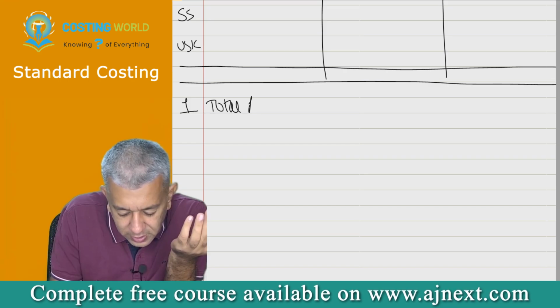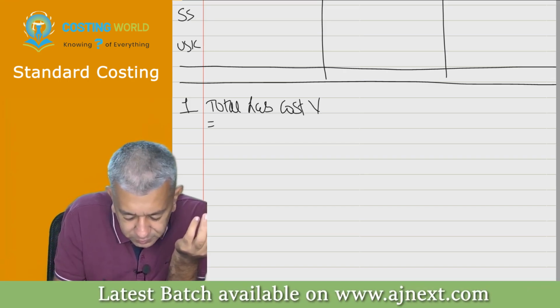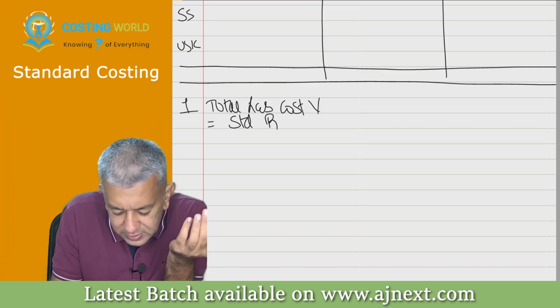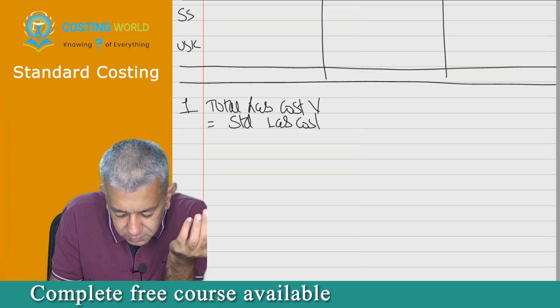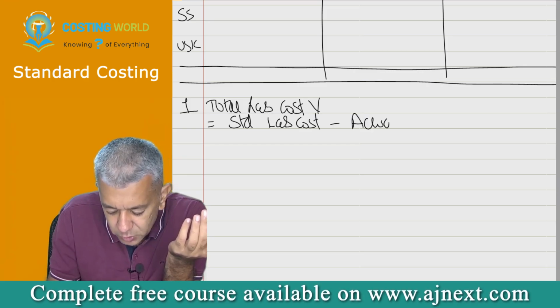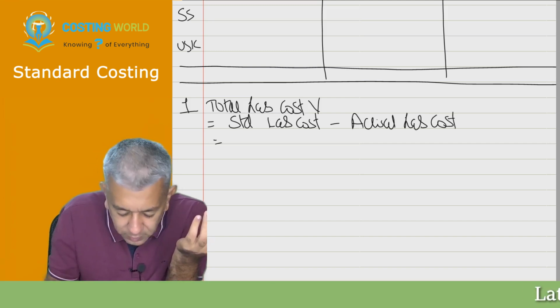Now do one thing. Once our data is put, you will start with the variances. So total labor cost variance, that is standard labor cost minus actual labor cost. You will be computing it.